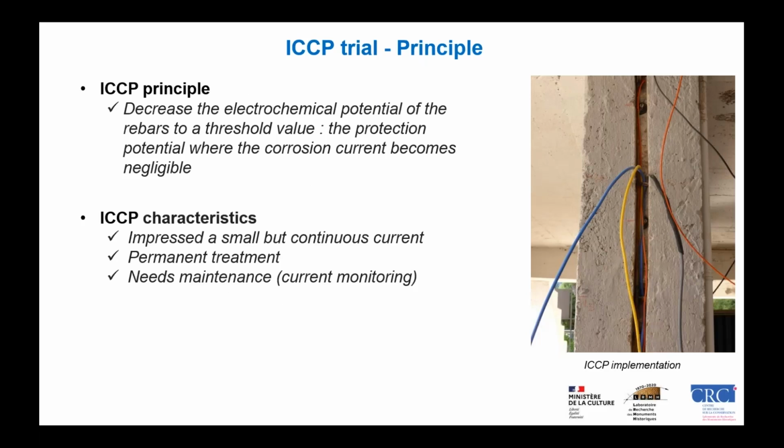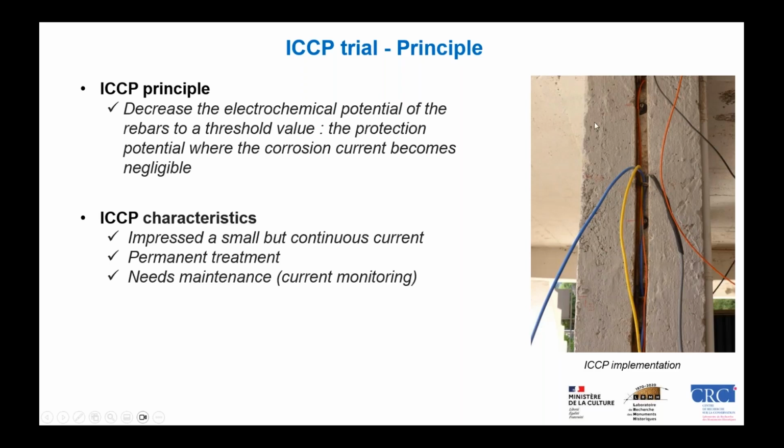The idea is to decrease the electrochemical potential of the rebars to a threshold value, which is named the protection potential, where the corrosion current becomes negligible. And the ICCP characteristic is to impress a small but continuous current. It's a permanent treatment which needs maintenance and monitoring.